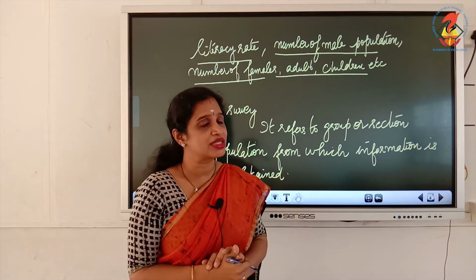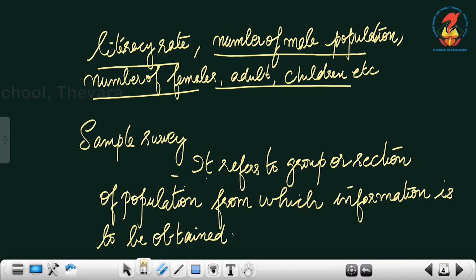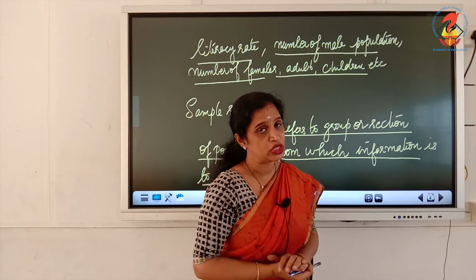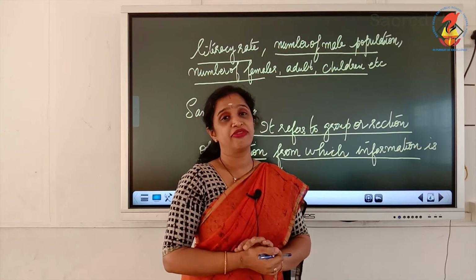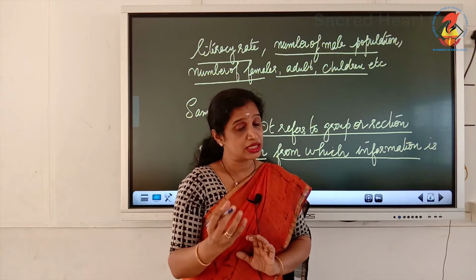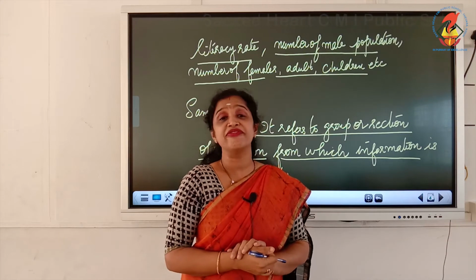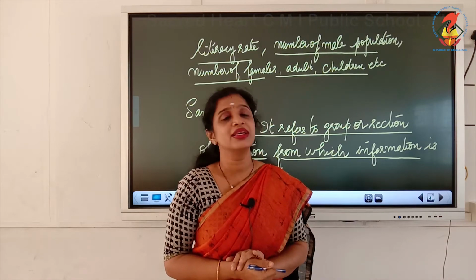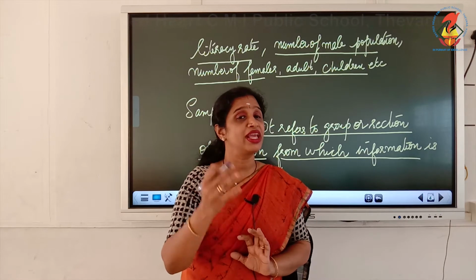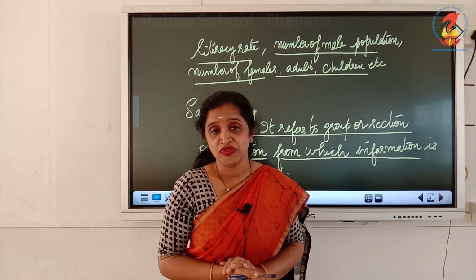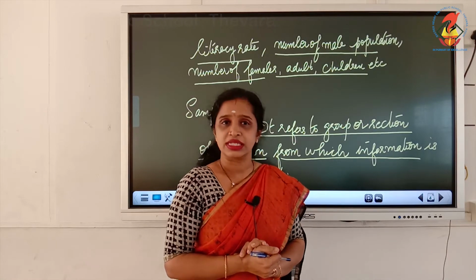Now let us see what a sample survey is. Sample survey refers to a group or section of population from which information is to be obtained. So it is different from census. In census, information regarding each and every element is collected, whereas in a sample survey, each and every element is not considered, but a few from the total population will be selected for study.